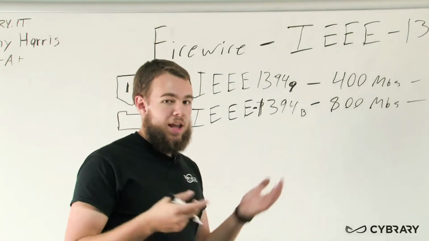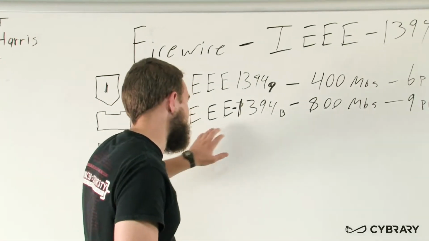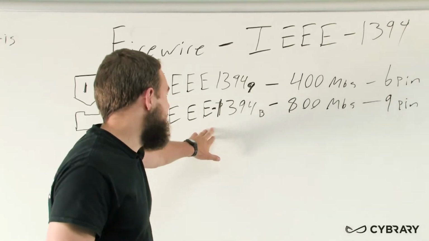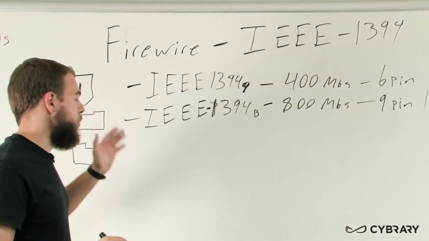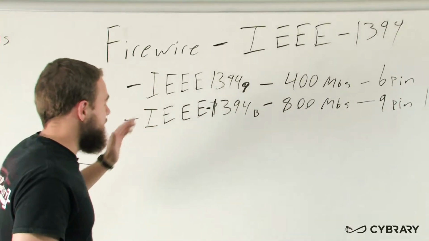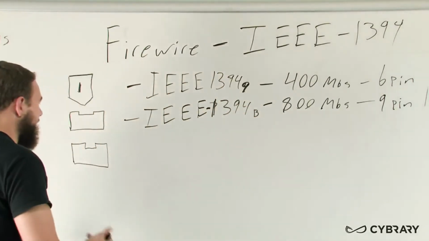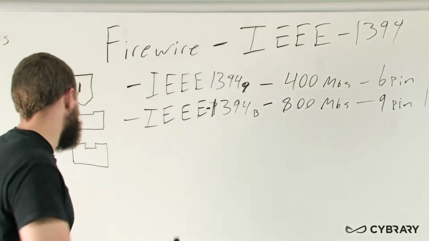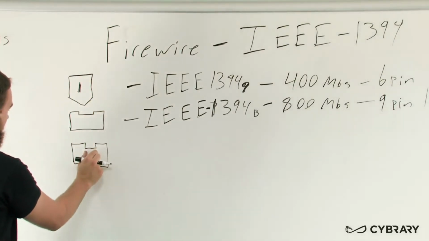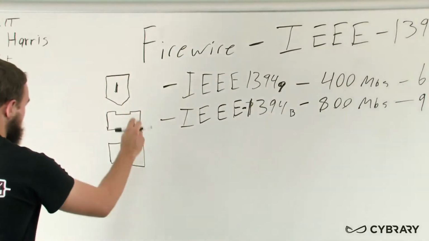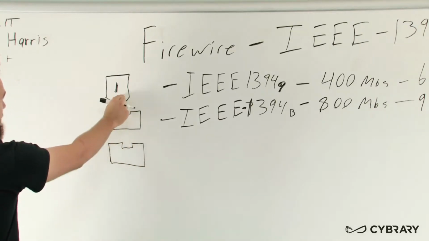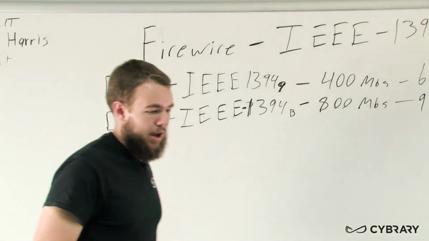Now, this is just communicating back and forth over this one standard. If we actually need to communicate between a 1394B port and a 1394A type device, we use what's called a bilingual cable. That bilingual cable has a narrower keying notch at the end so that we can actually go from, say, this type of connector up to the 1394A type connector.